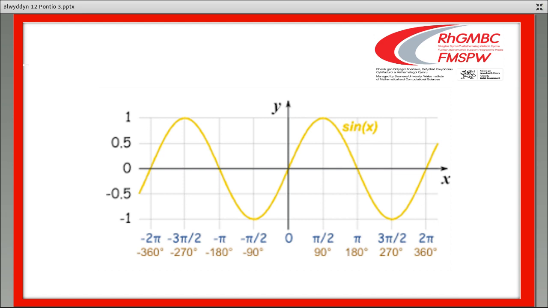Maximum value of 1, minimum value of -1. And so it fluctuates. So if I choose any number between -1 and 1 on the y-axis and draw a horizontal line, every time that horizontal line meets my sine wave, that is a solution to the equation.